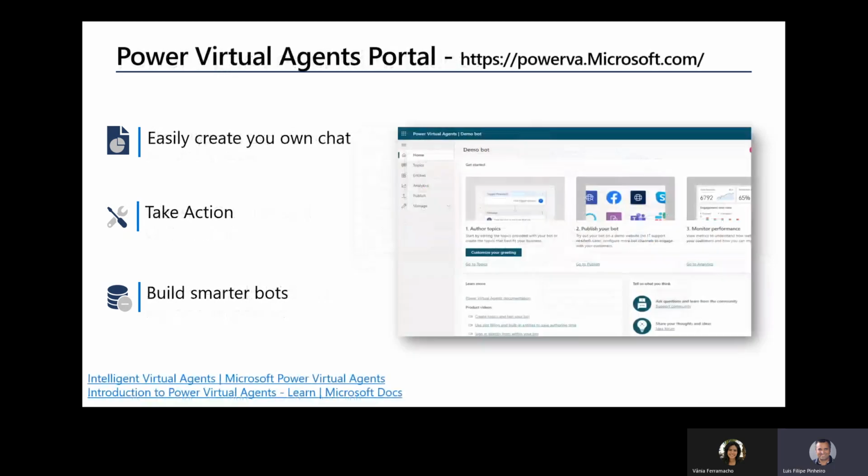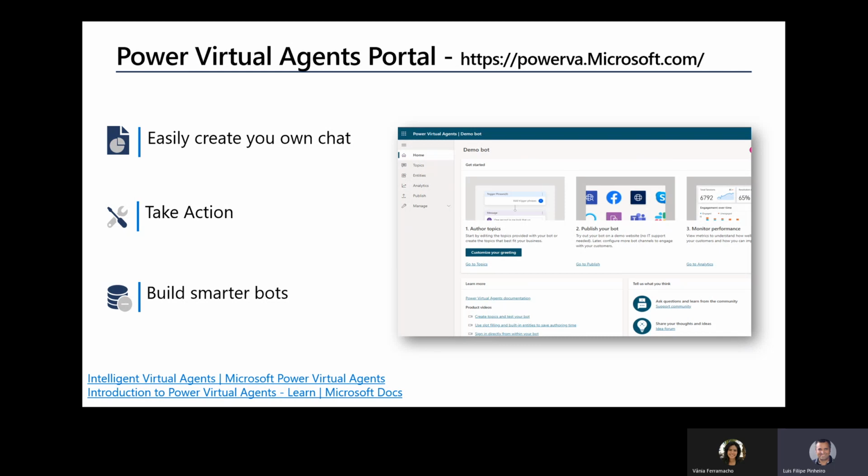If we move on to the Power Virtual Agents portal, you just need to access it through powerva.microsoft.com. Power Virtual Agents are adaptable AI-powered chatbots that can resolve common issues and answer questions quickly.